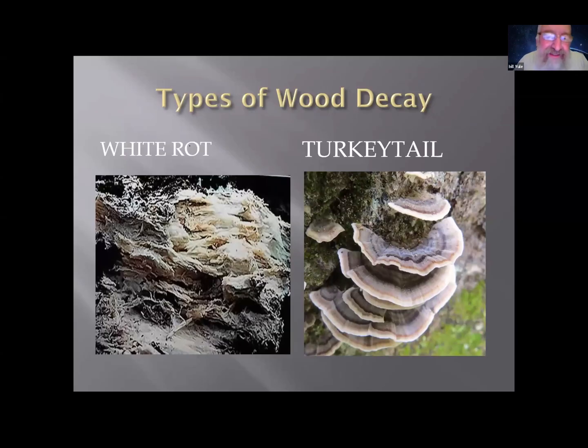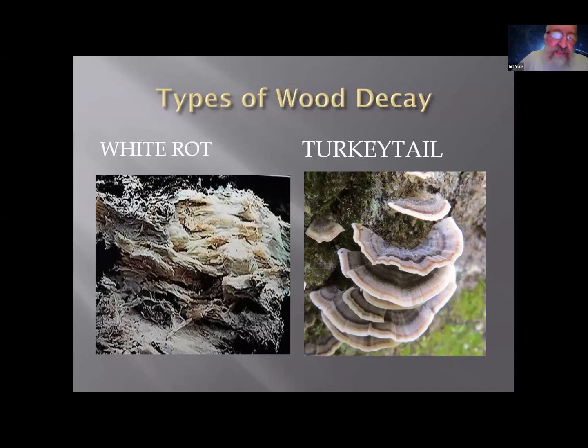Well, I'm going to take a deep breath now, and then I'm going to talk a little bit about white rot and brown rot and gray rot. So on the left, you can see brown rot. This is what people call a stringy brown rot. And that happens when a fungus like turkey tail, which is a white rot fungus, it decomposes cellulose, hemicellulose, and lignin faster than it decomposes cellulose.